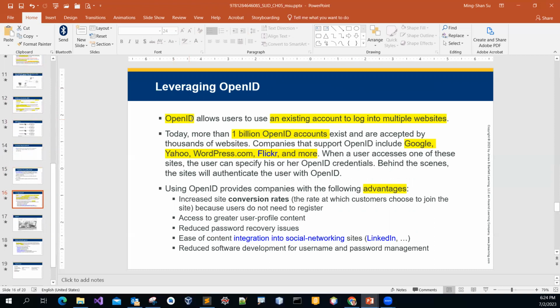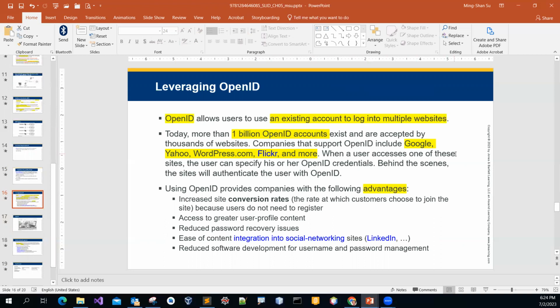Today more than 1 billion OpenID accounts exist and are accepted by thousands of websites, including Google, Yahoo, WordPress, Flickr, and more.